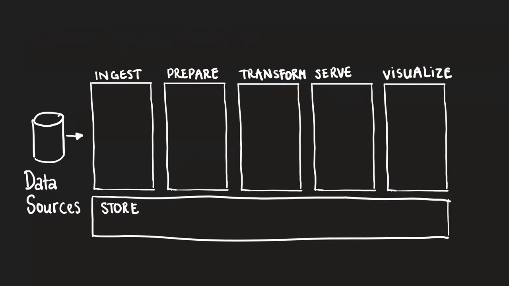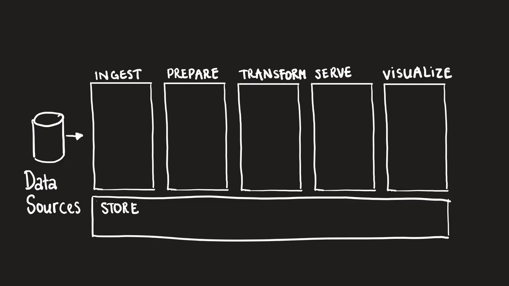So if we look at an average data project, there's often some data sources that we're handling, and we want to bring data in from those data sources. Then most likely we don't just want to use that data as it is, but we want to do something to that data. Most likely we need to do some preparation, maybe some data cleanup and validation that the data quality is good.